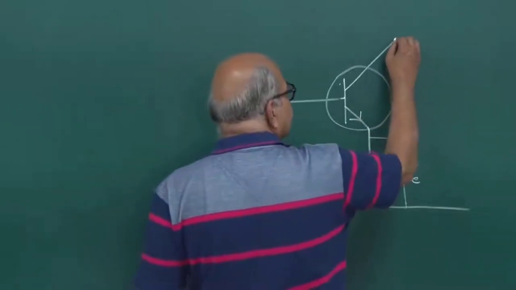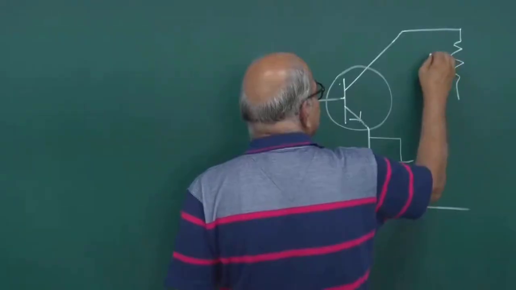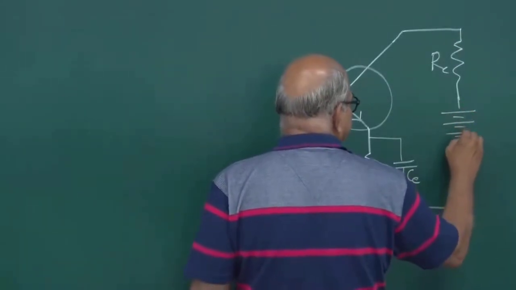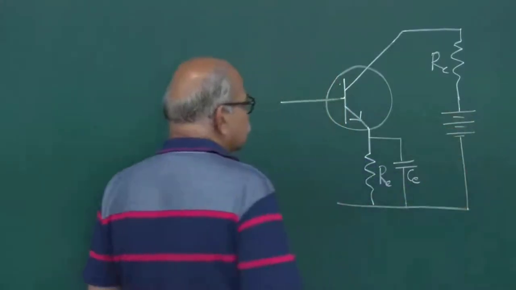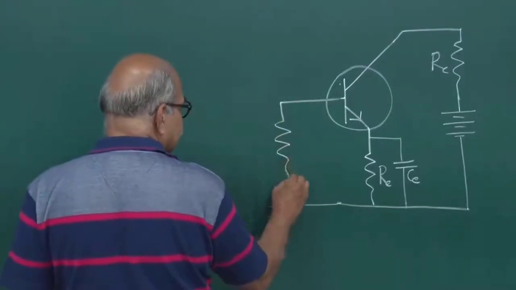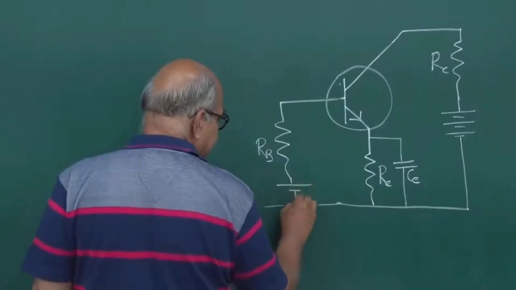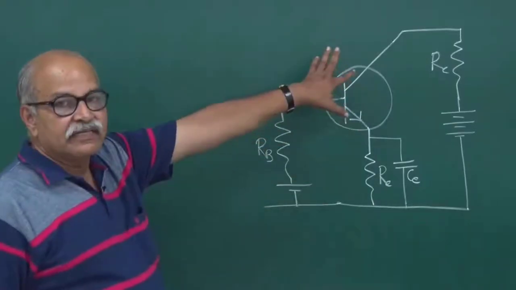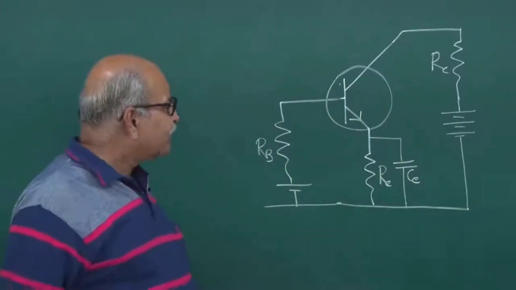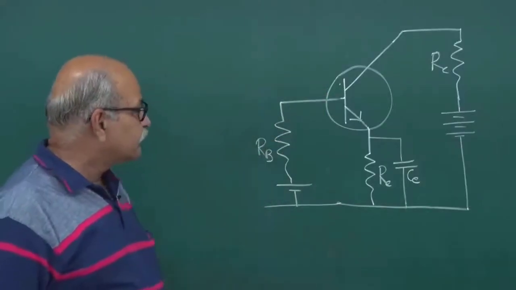So, we put up a resistance RC, and then the bias voltage here. And on this side we have this RB resistance, and then we put a biasing voltage once again here. So, this is the basic configuration of this amplifier. This we had discussed in detail. There are some more modifications, but basically this is the thing.